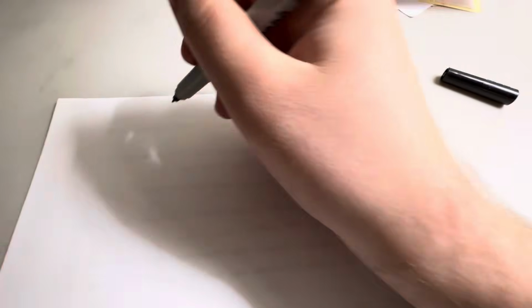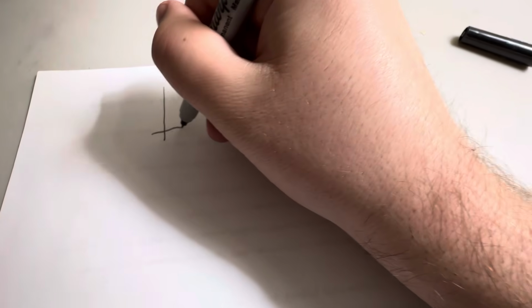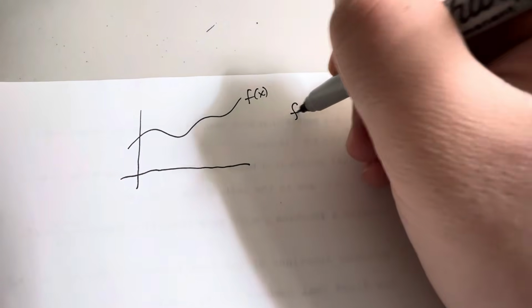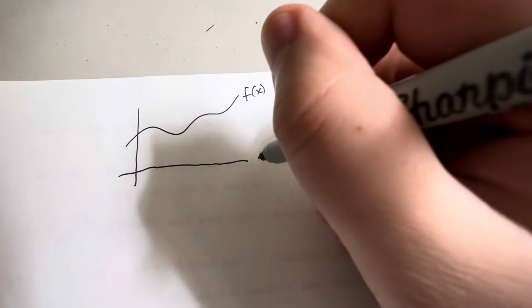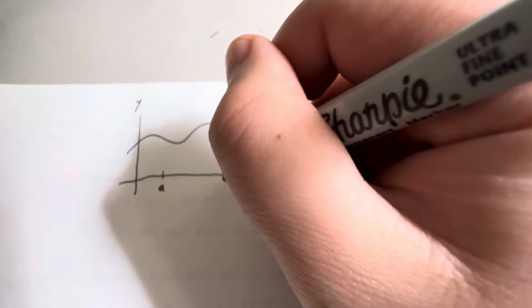So let's start with the usual calculus integral. Many of you, I'm sure, have taken calculus before if you're watching this channel. But the idea is we have this function. This function maps real numbers to real numbers. We have an x-axis, we have a y-axis, and we look at the interval from a to b.